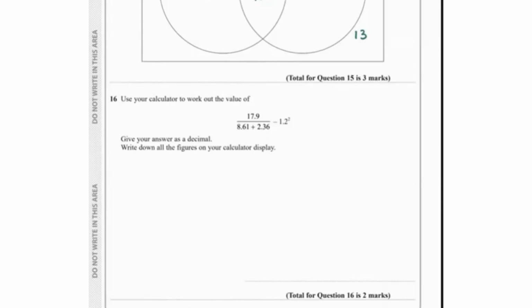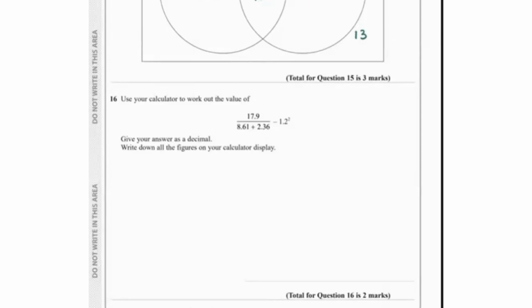If you just do 17.9 divided by 8.61 plus 2.36, it sounds like you're doing 17.9 divided by 8.61 first, and then adding 2.36 to that. So to avoid that error, add brackets around 8.61 plus 2.36.